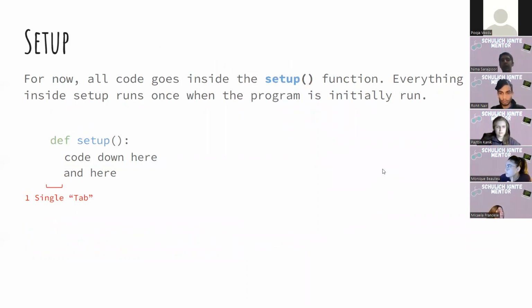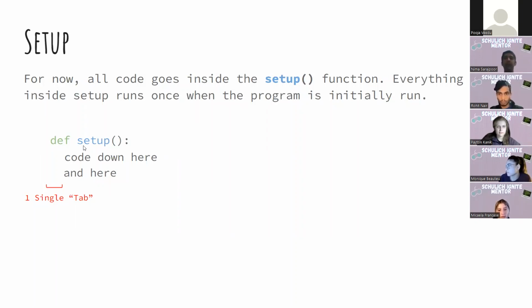So we are going to work with two things in this set of tutorials. One of them is setup, and this is the way that you should use it. So you use def, which is short for definition, and setup, which means that you are trying to define setup, right?